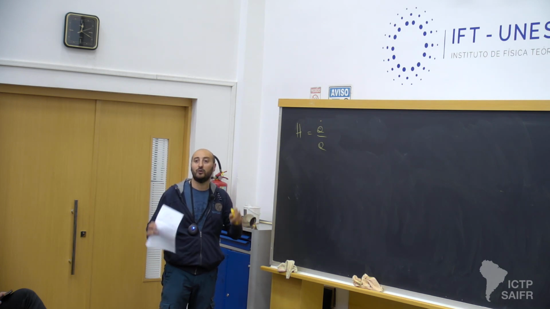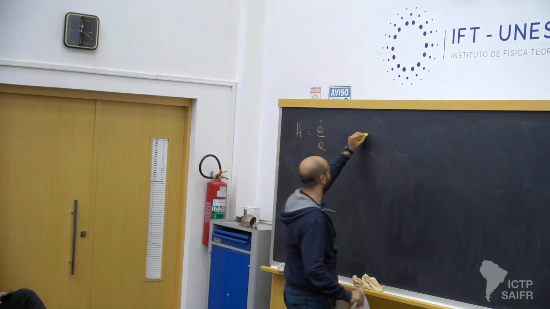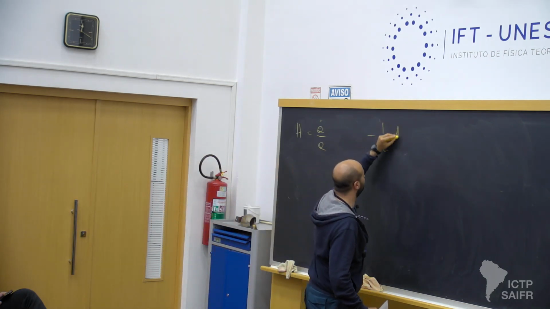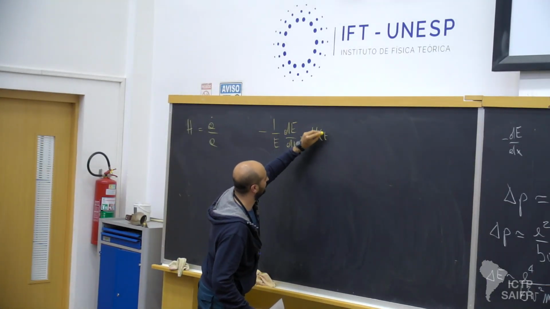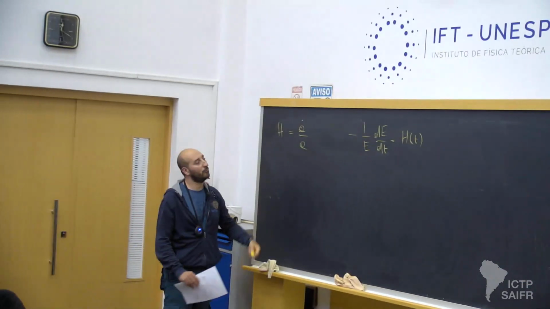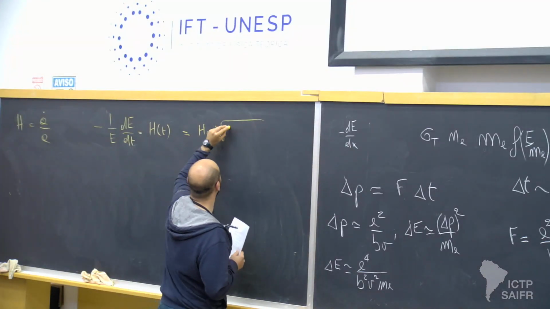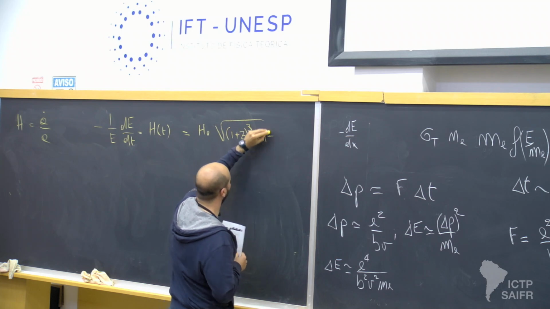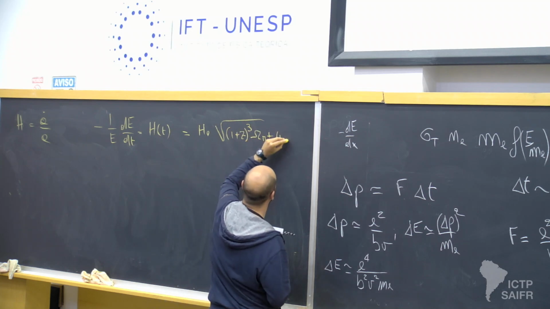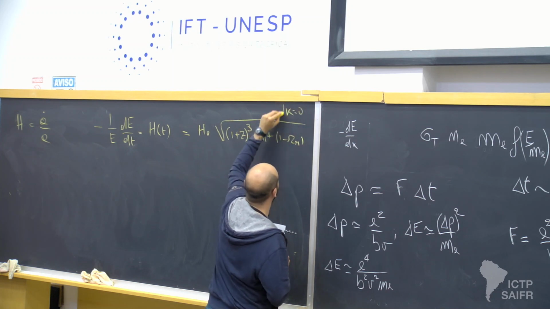So this particle loses energy adiabatically because of that. So there is a simple energy loss term, 1 over E dE over dt, which is nothing but the Hubble expansion. Or more conventionally, you can write this as a function of redshift, and this is typically, for all situations of practical interest, the square root of (1 plus z) cubed Omega_m plus Omega_Lambda, or if you wish, (1 plus z) to the 3/2 over the square root of Omega_m in a k equals 0 universe, okay? Flat case.